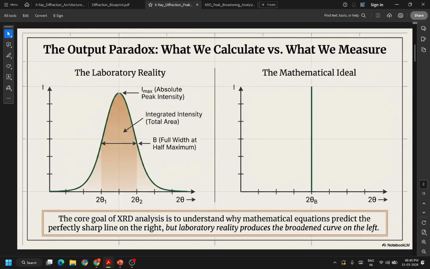So if I_max is 50, you go to 25 and you take the full width at 25, which goes from an angle 2 theta 1 to an angle 2 theta 2. That is called your FWHM, or full width at half maximum. And then third is your integrated intensity, that is the area under the curve.